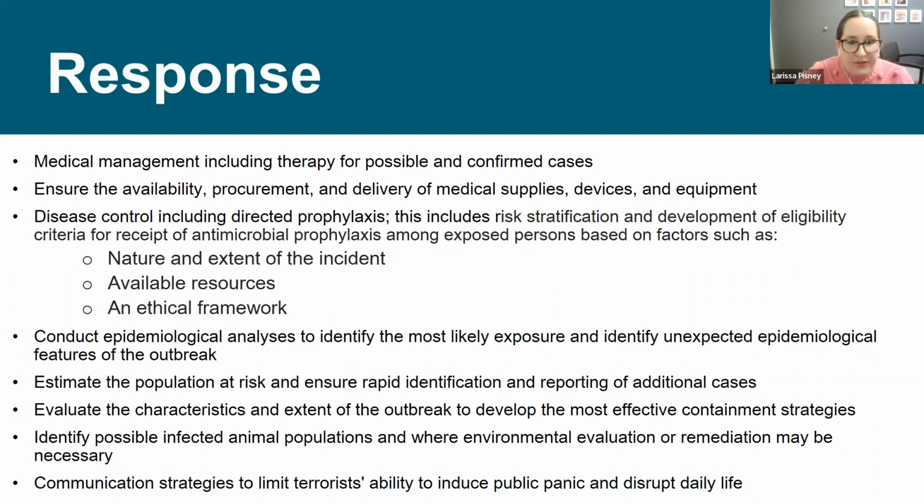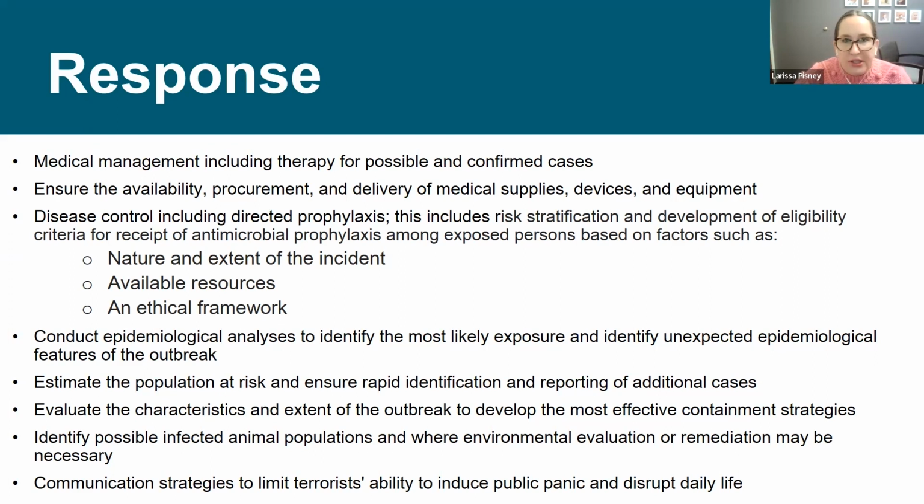This oftentimes includes a risk stratification and development of eligibility criteria for receipt of prophylaxis among individuals. Many factors are taken into account, including the nature and the extent of the incident and what resources are available, and it's important to think about this in the context of an ethical framework.